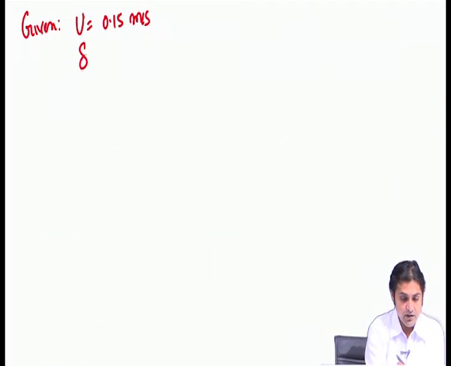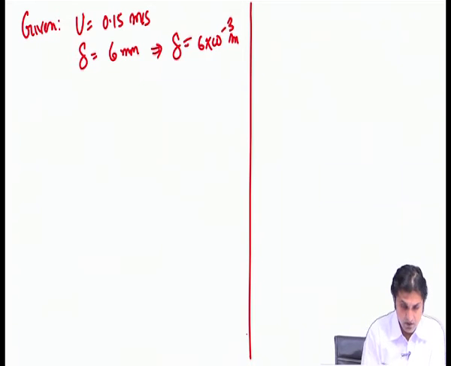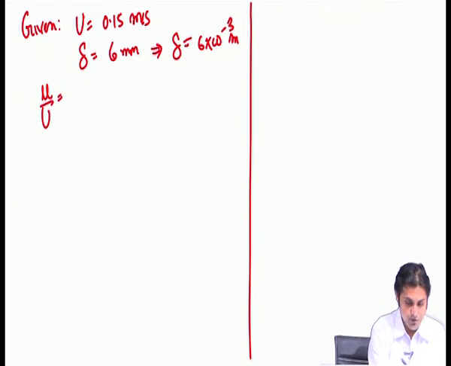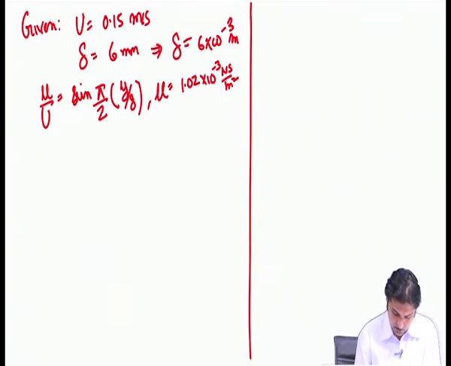Delta is 6 millimeters, or delta is 6 into 10 to the power minus 3 meters, and U by capital U is sine of pi by 2 into y by delta. And mu here is given as 1.02 into 10 to the power minus 3 Newton second per meter square.